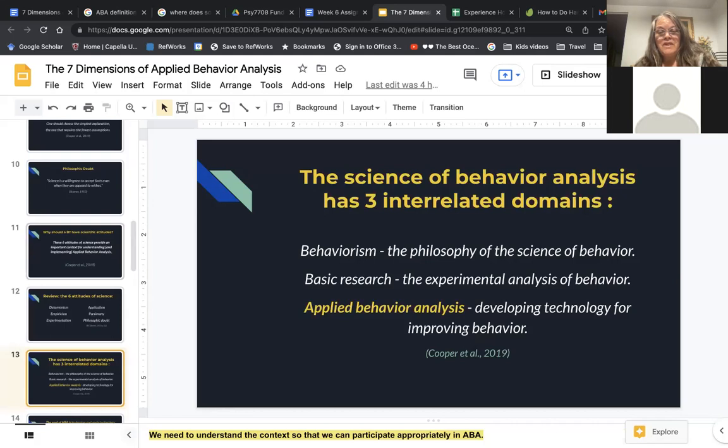So applied behavior analysis is different from an experimental analysis because we are taking those principles that have been identified through the basic research and seeking to apply them in a way that now we can use what we've learned to develop technology to improve behavior in applied settings.